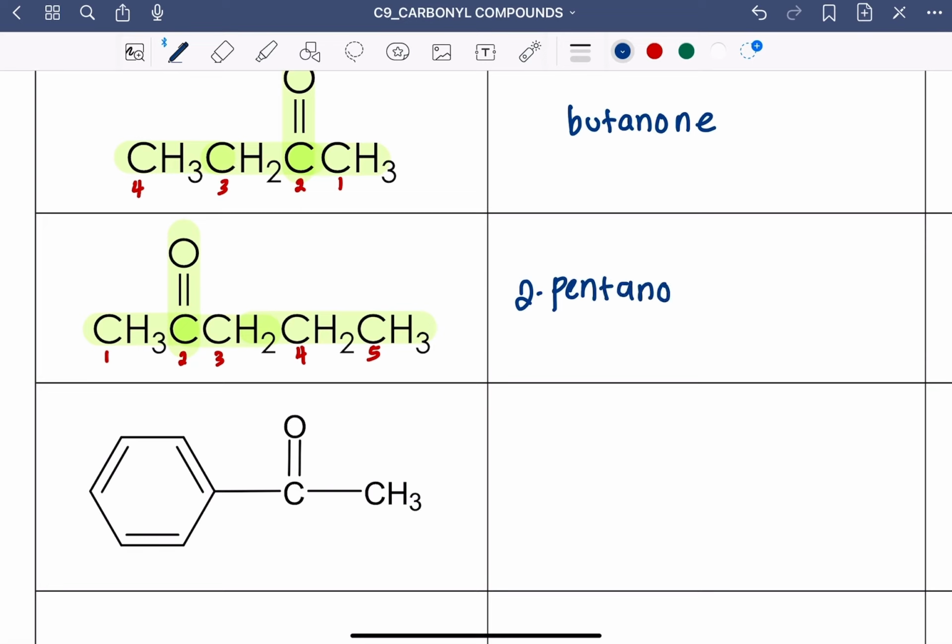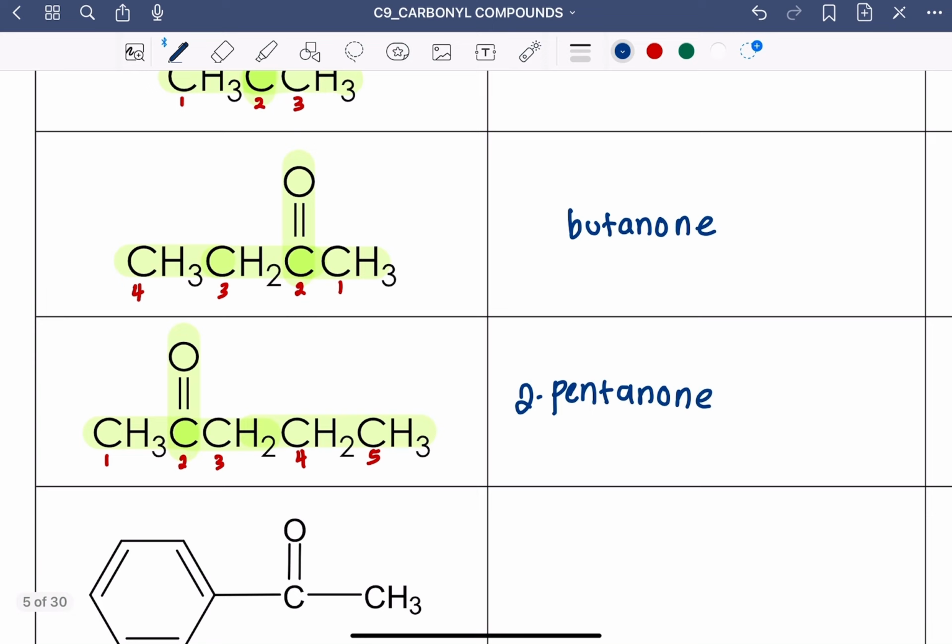So this is 2-pentanone. Now you might wonder why for pentanone we give the numbering, but for butanone we don't give the numbering. Because for butanone, even if it's at this carbon, it will be number 2. So it will just be the same butanone.